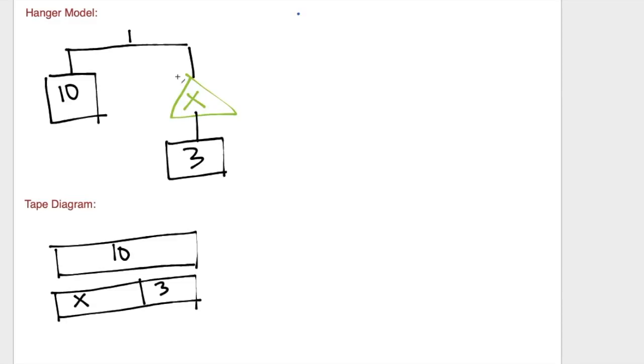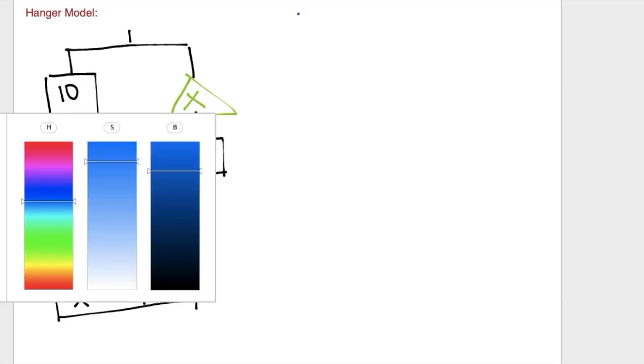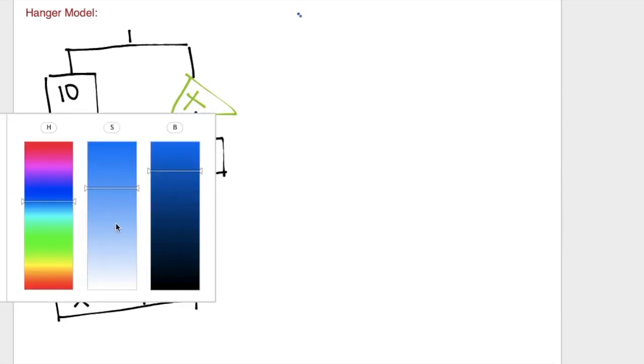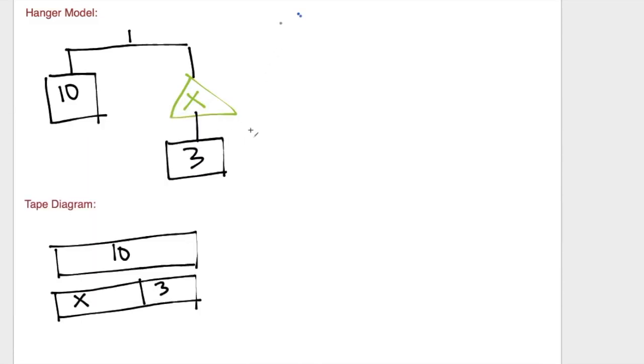So here with the hanger model, let me get a lighter color actually. That's better. With the hanger model, it's a little different in terms of how you can take away from both sides. So you would have to choose the side that has less in terms of the number.